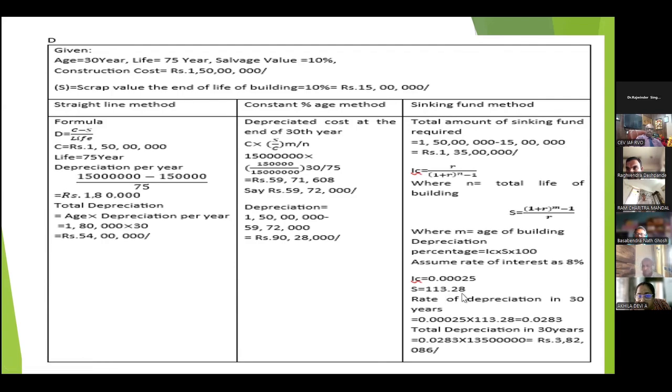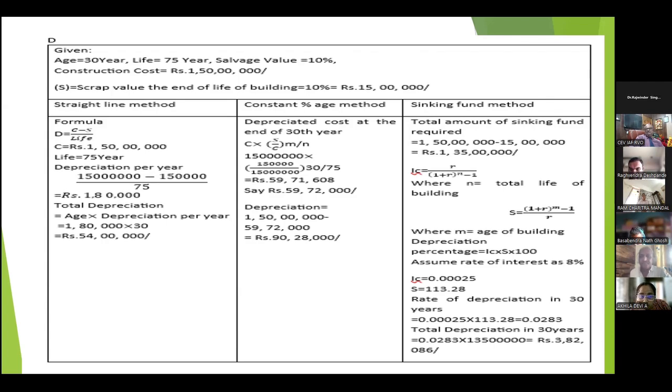And percentage is 28.3, so 28.3% of 1 crore 35 lakh. See here, यहाँ पे आपने 1 crore 50 lakh नहीं लेना, 1 crore 35 लेना. That amount which you have to accumulate as sinking fund. And see here the depreciation, it is only 3,80,000 approximately. See the huge difference. Here it is 54 lakh. Here it is 90,28,000, and here it is only 3,82,000. Friends, you will not find this question in any book or any PPT or anywhere else.